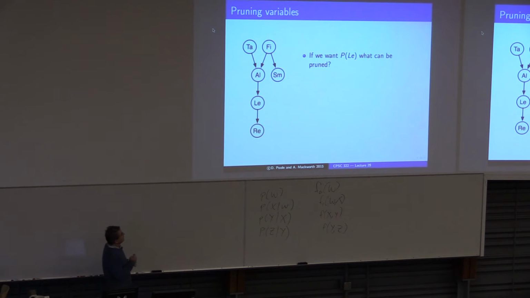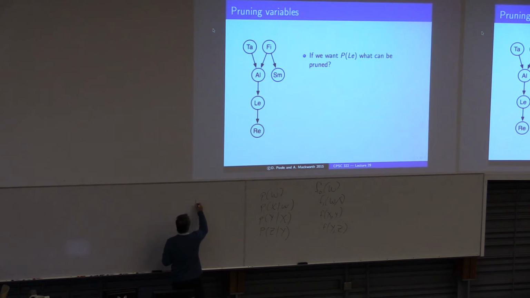Okay. So if we want to compute the probability of leaving, what variables can be pruned? What's sort of irrelevant to us? Is there anything irrelevant that we don't need to care about? Yeah. You don't need to care about RE. In fact, if you sum over RE, what do you get?